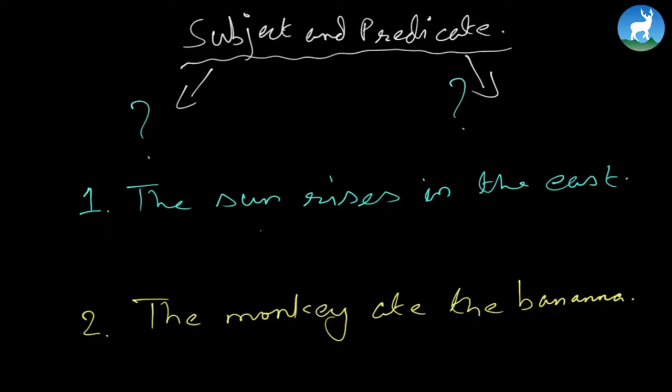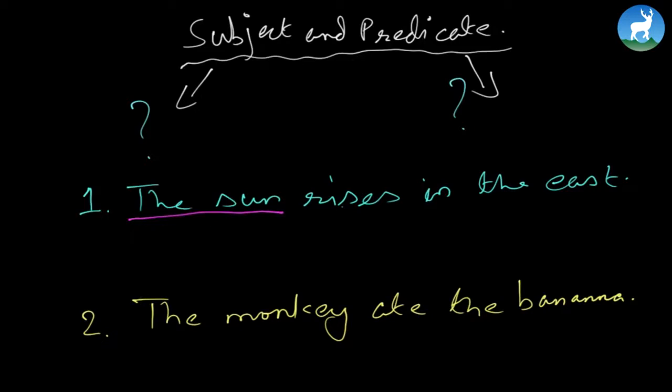Here, in this case, what rises in the east? The next way to understand this is, every sentence is always talking about something. It is always highlighting a certain thing. That very thing the sentence talks about is what we call the subject. It usually answers who or what.